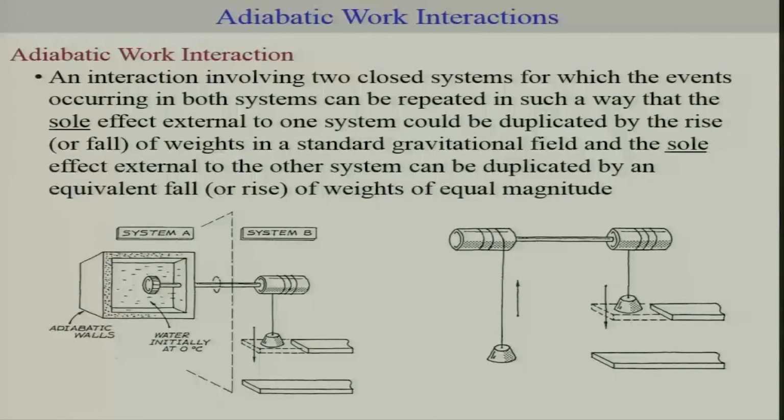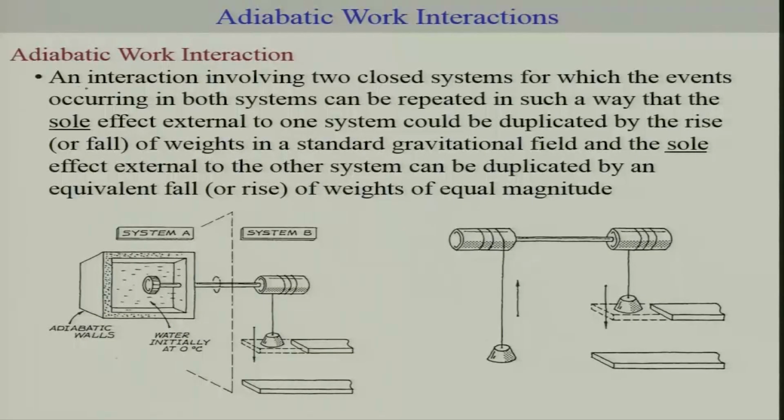What we have considered here is specifically system A and B. We have a pulley, okay, attached with the weight, and there is a shaft and there is a drum. So, essentially if the weight moves down, it will rotate the shaft, leading to some work being done on this system A. This system has adiabatic walls, and what we are trying to emphasize is something called adiabatic work interaction.